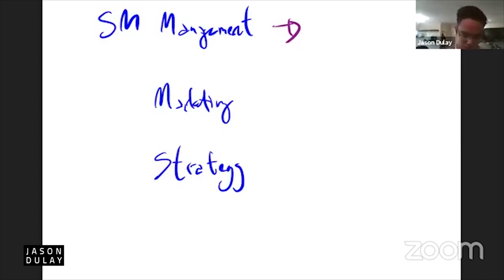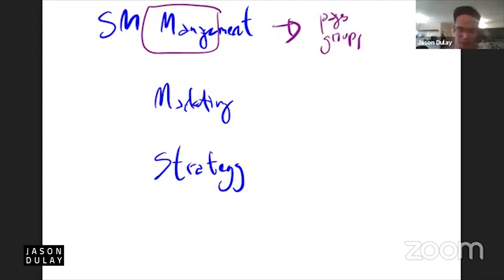Social media management comes from the word manage. Obviously, what you're doing is managing the profiles, Facebook pages, Twitter accounts, and Facebook groups. These tasks usually fall into a job called a virtual assistant.